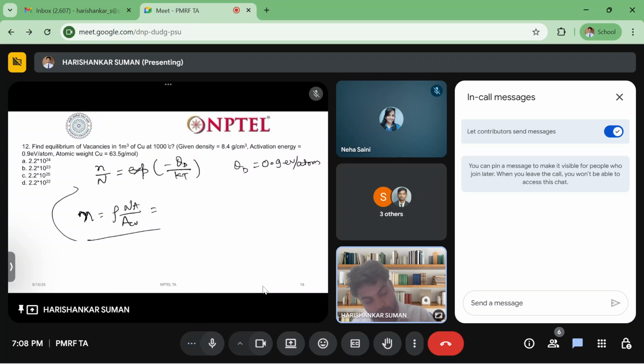Please calculate, then put in this equation. You have to find out N. These things are given. You can take up to 5 minutes to try to solve this question. Such type of question can be asked in the exam, so please prepare such type of exam questions.